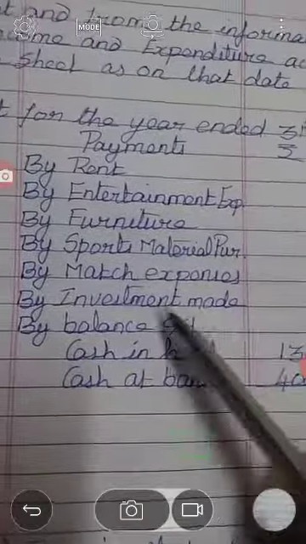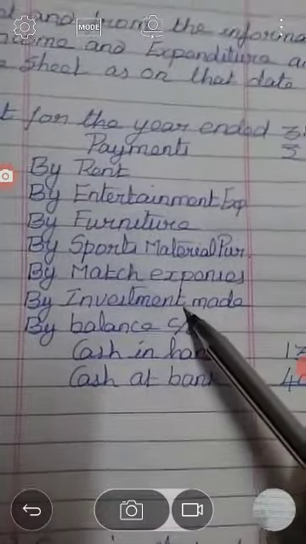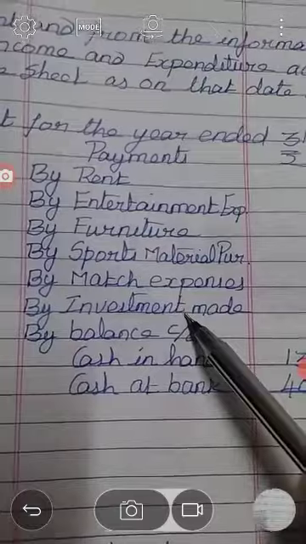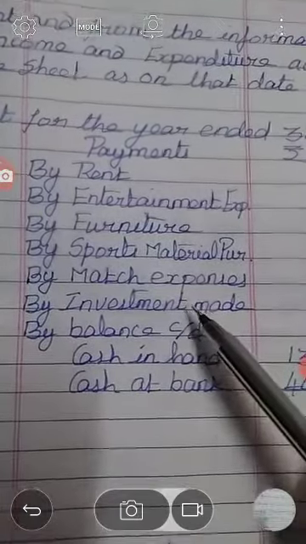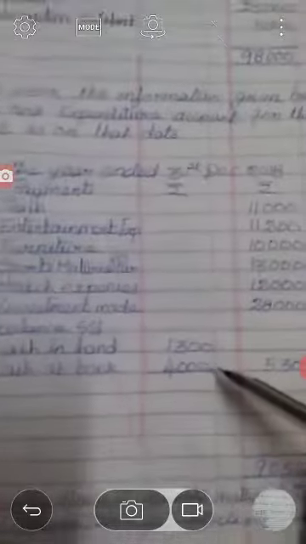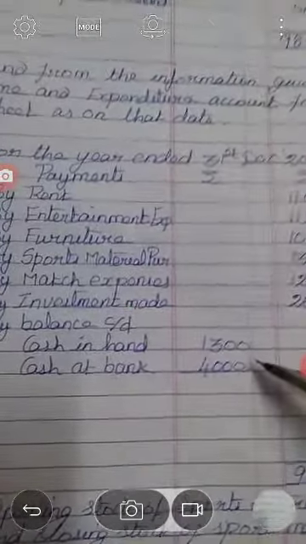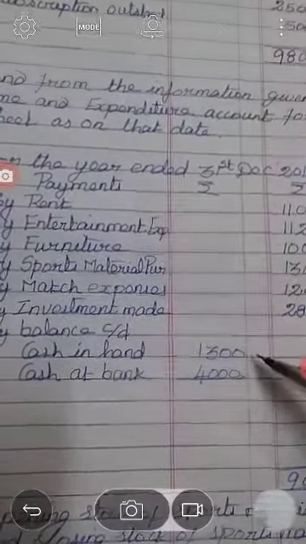Then investment made is a capital payment. So investment is an asset. It is a capital payment. So it should be shown on the asset side of the balance sheet. So investment. Then cash in hand and bank. So this is the closing balance. It should appear in the balance sheet.